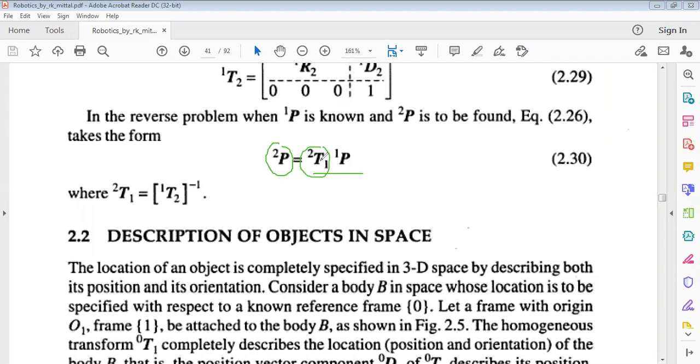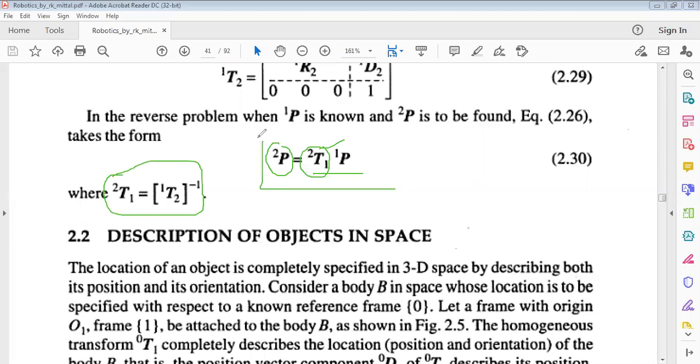This transformation matrix is different from the transformation matrix 1T2. So 2T1 is always equal to the inverse of the matrix 1T2. Remember, this equation is also very, very important.